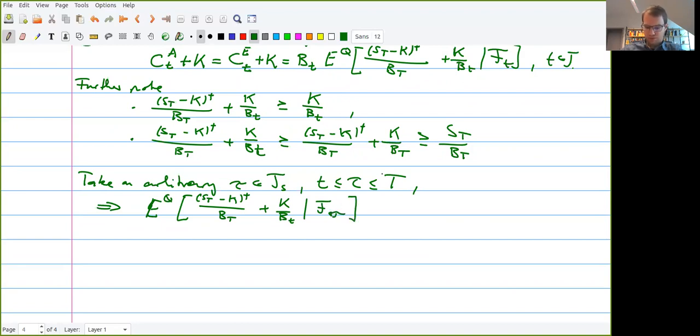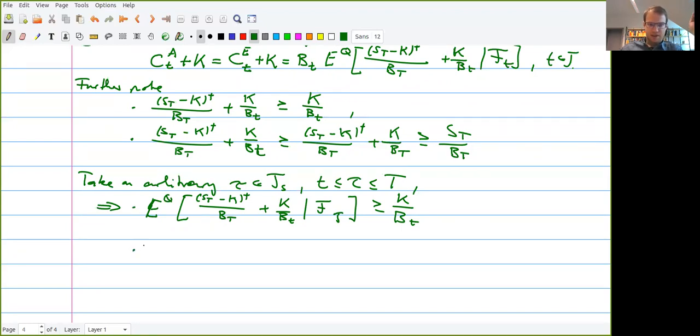Well, this is a deterministic constant, and tau is bigger than t, so I can estimate this by t. And this is a constant. So if I take the conditional expectation here, it just doesn't affect the right-hand side.